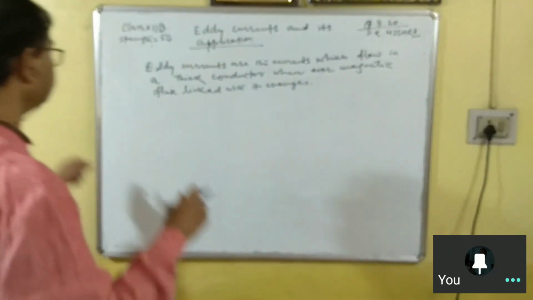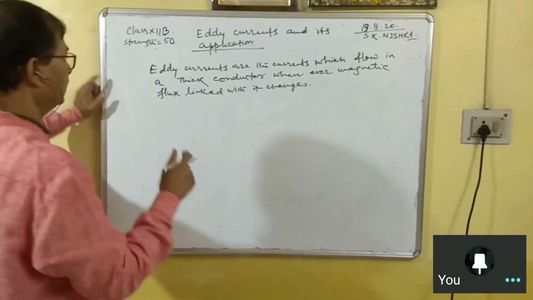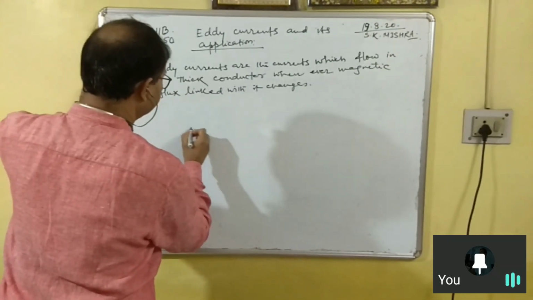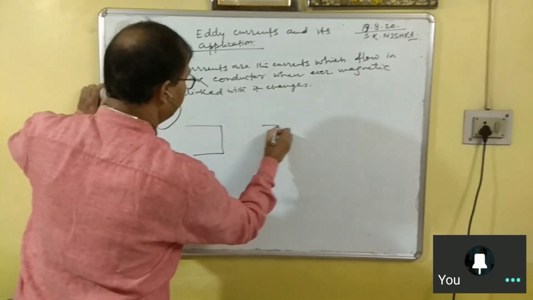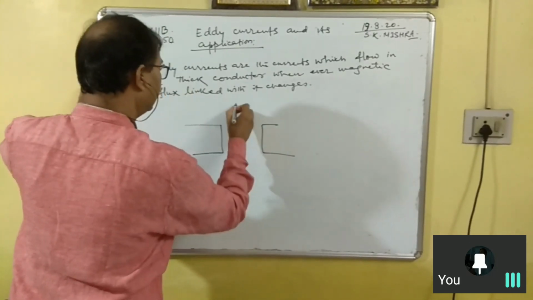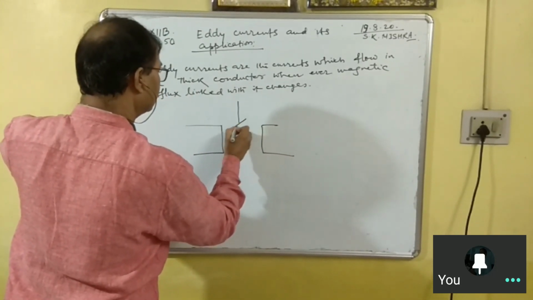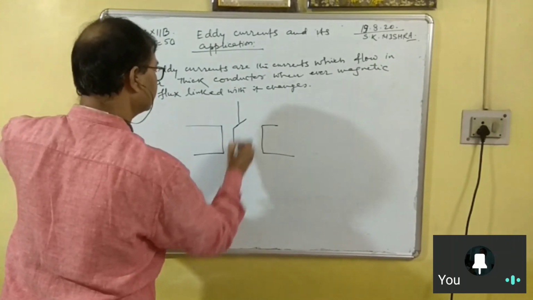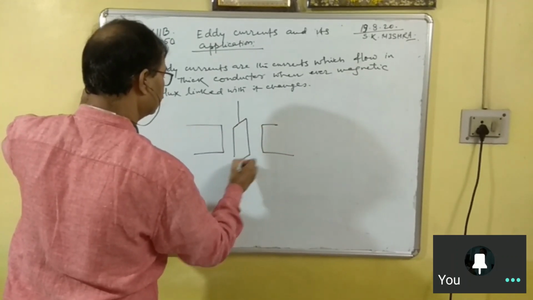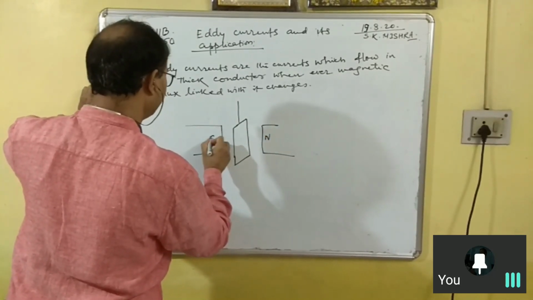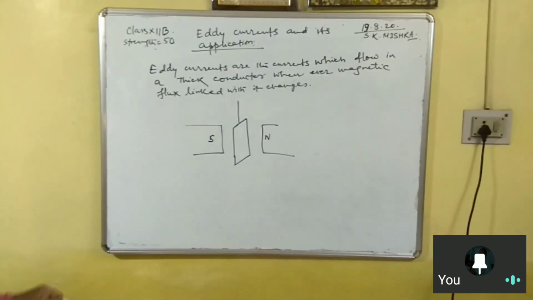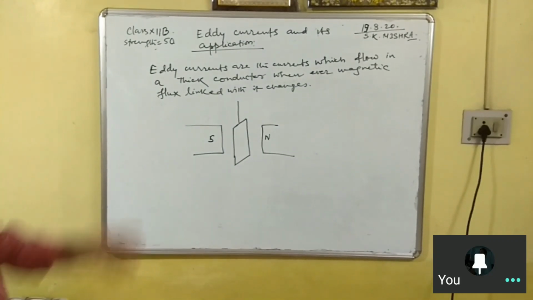So see the scenario. If you have pole pieces of a magnet like this type of magnet, and you have a metallic conductor, suppose this is the north pole, this is the south pole, and this metallic conductor is moving.